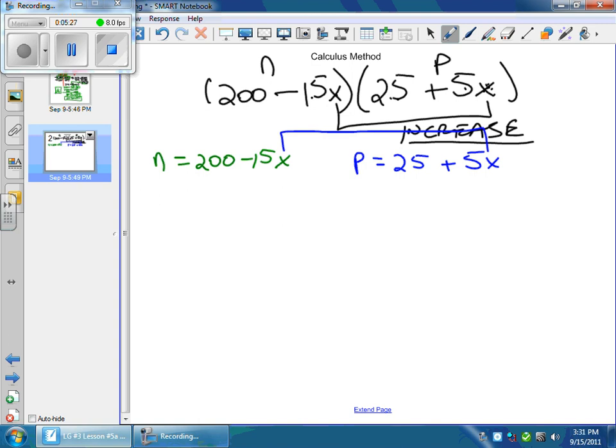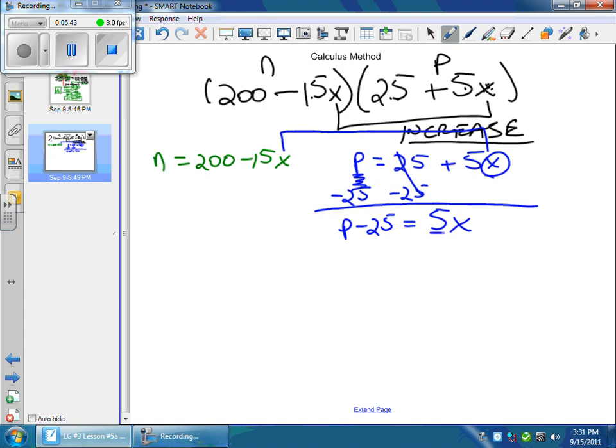You want this to be n equals something as a function of this p. So you know what? Solve for this x. So let's minus 25 from both sides. Beautiful. That cancels, giving you p minus 25 equals 5x. Divide by 5 each side. Look what you've got here. Boom. X equals p minus 25 over 5.